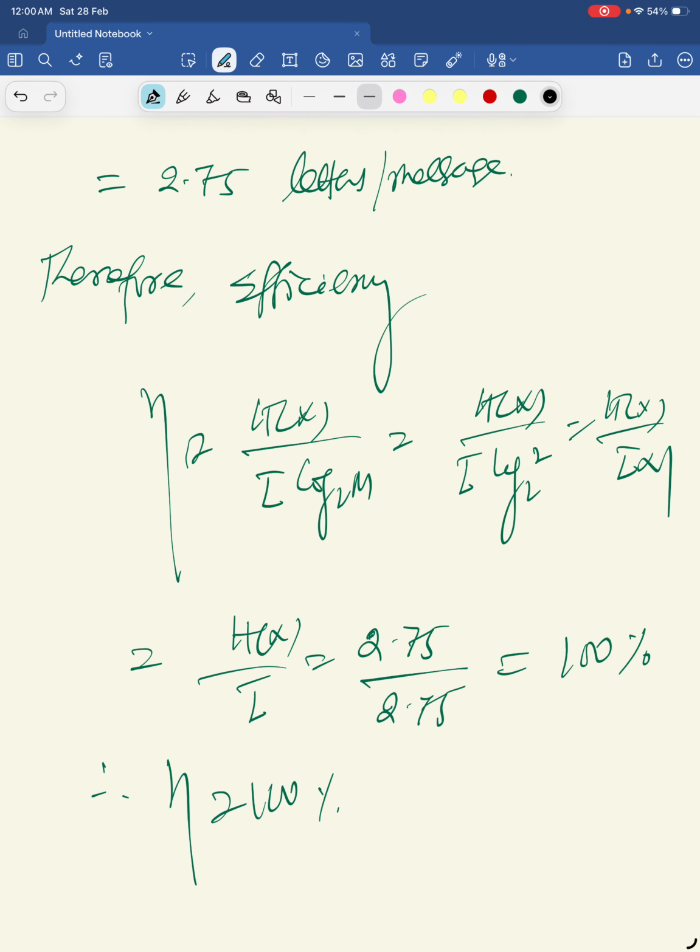So it's a very nice example. We got efficiency equal to 100%. That is a very beautiful numerical.